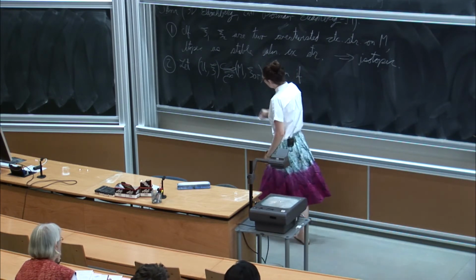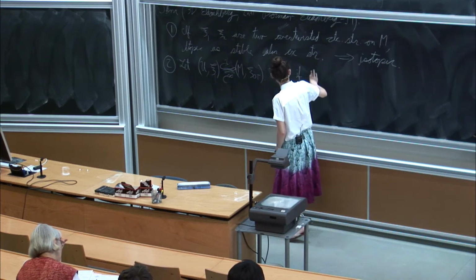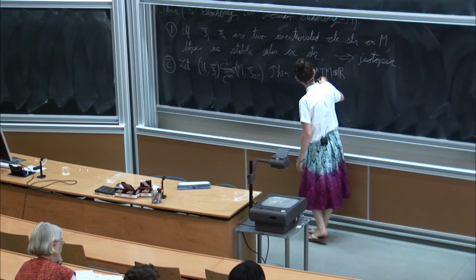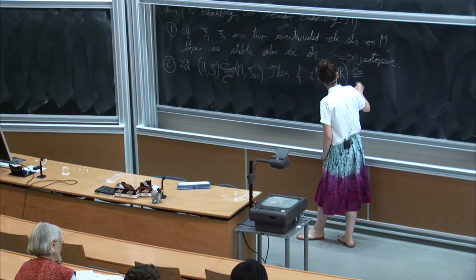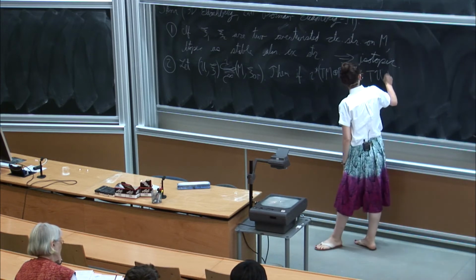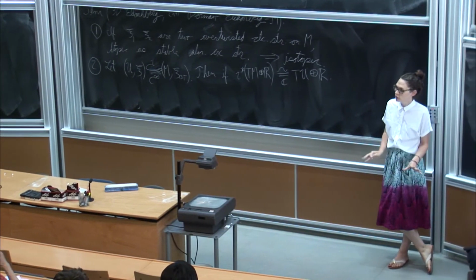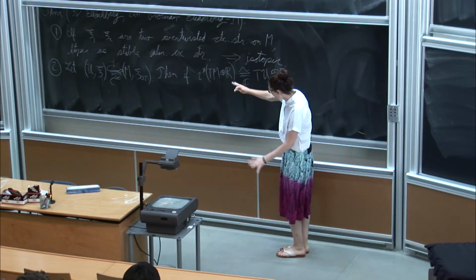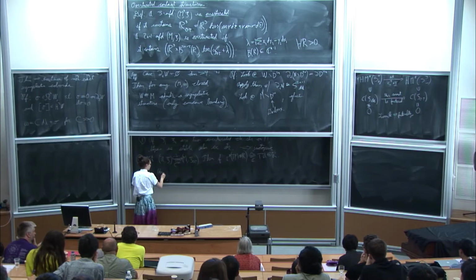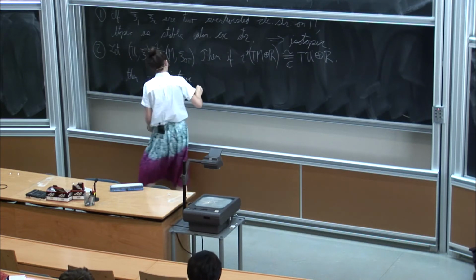Let's give this inclusion a name, iota. So if this map gives isomorphic stable almost complex structures, which is just some obstruction theory calculation, then assuming this is true, iota is isotopic to a contact embedding.